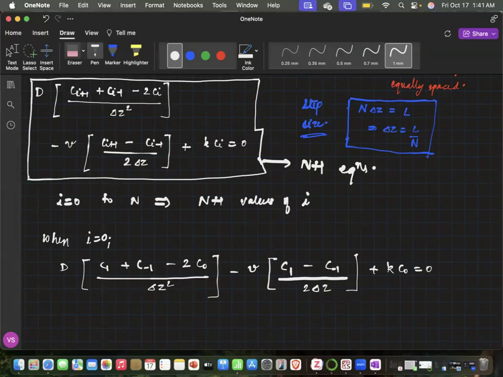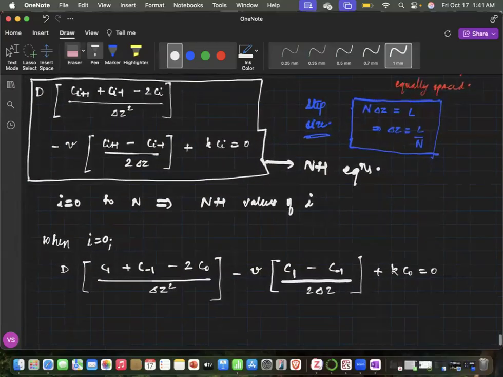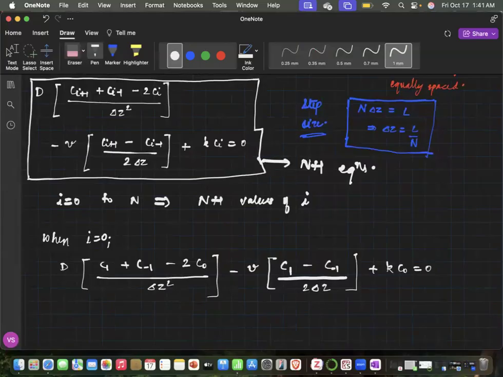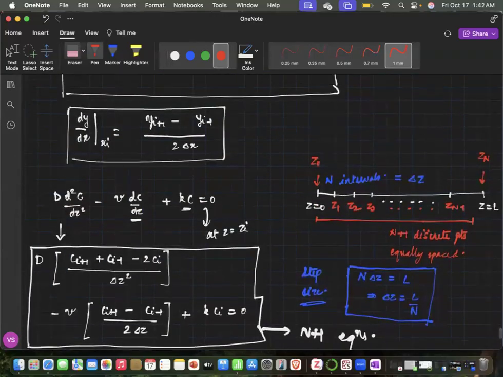Here, minus 1 is the subscript. Now over here, you see c minus 1 at 2 places. And c minus 1 is basically c at z minus 1. But z starts from z0.